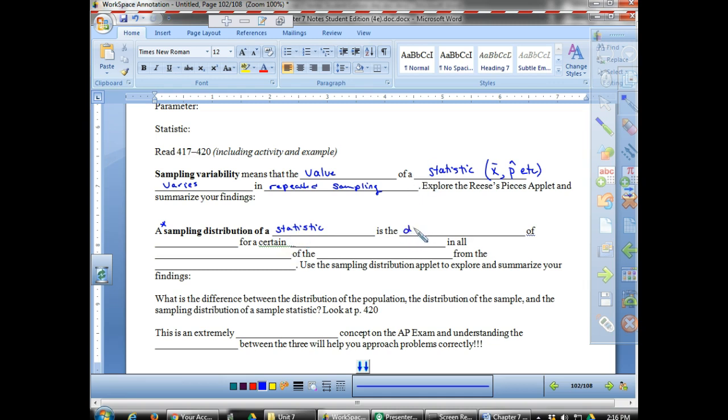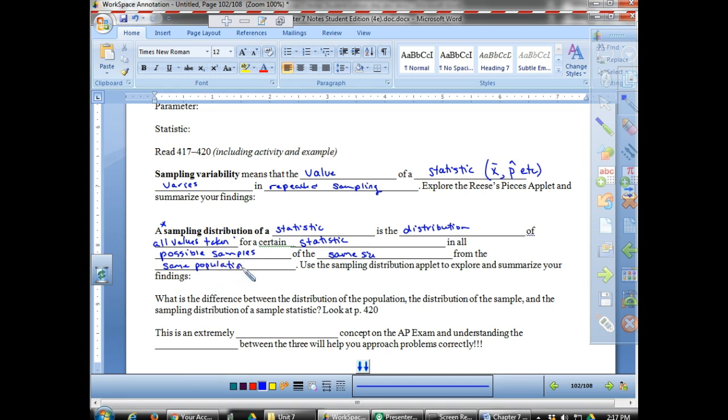It is the distribution of all values taken for a certain statistic in all possible samples of the same size from the same population.